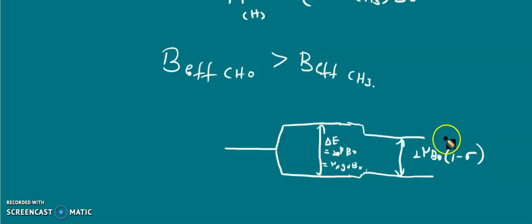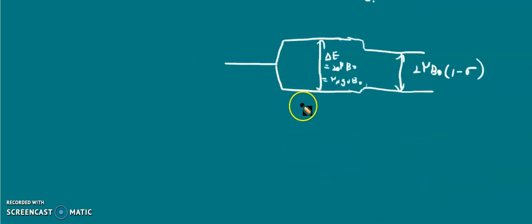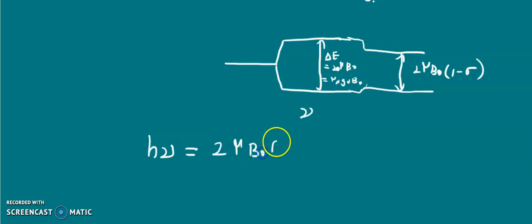So suppose we are fixing the frequency and varying the magnetic field. The resonance condition is given by h nu equal to 2 mu B0 into 1 minus sigma, or h nu equal to Gn mu n into B0 into 1 minus sigma.